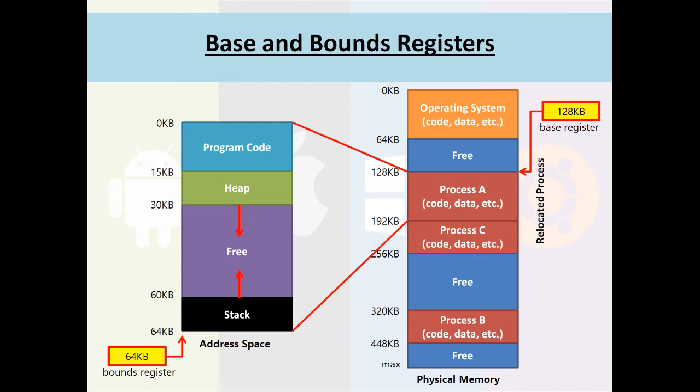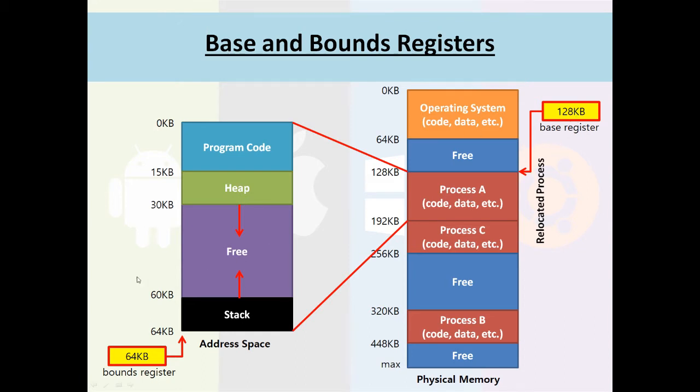And the solution to this is that hardware that I was alluding to before. These are called our base and bounds registers. Our base register basically points to the start of a process in physical memory. So process A's base register is at 128. Okay?